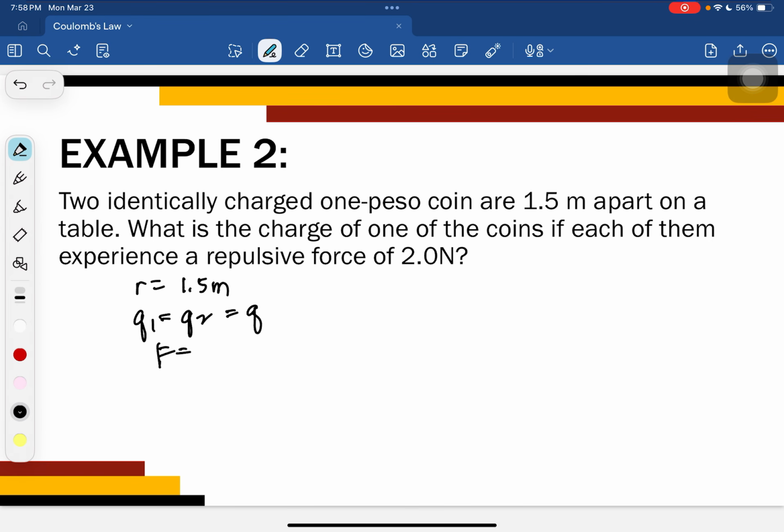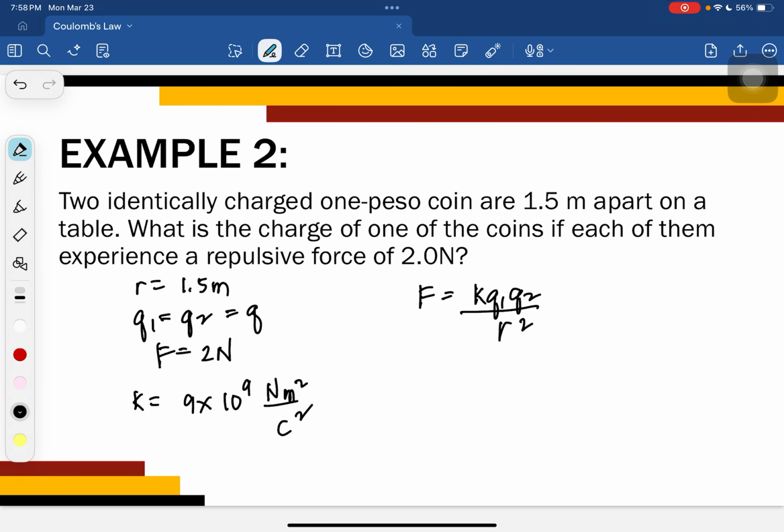F is also given, which is 2 newtons. K, if you just want to list it, is 9 newton meter squared per coulomb squared. And we're looking for the Q value. Again, we use our Coulomb's law formula, KQ1Q2 all over R squared.